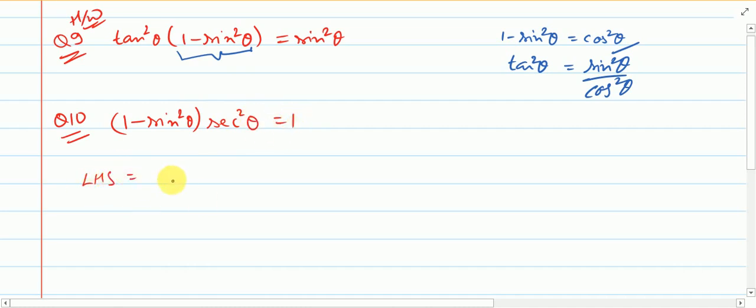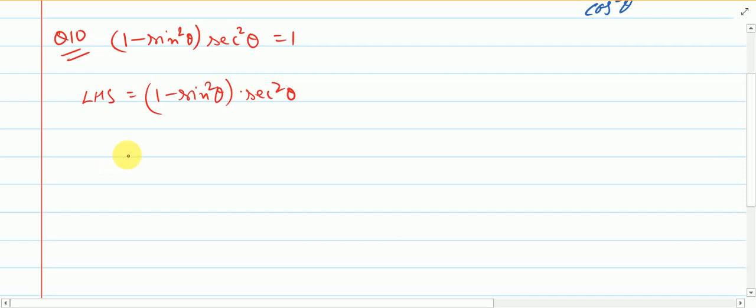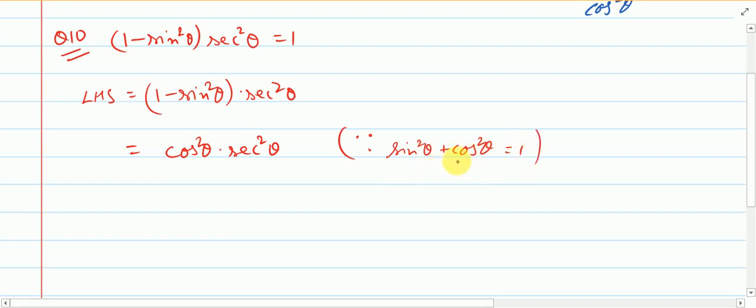So left hand side is equal to 1 minus sin square theta into sec square theta. So 1 minus sin square theta can be written as cos square theta. Reason you can give, because sin square theta plus cos square theta is equal to 1. So therefore 1 minus sin square theta will be cos square theta.